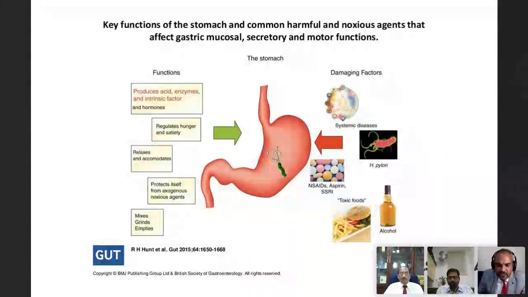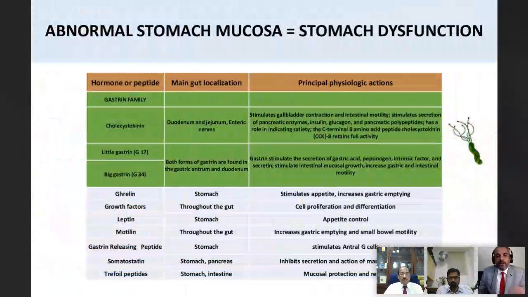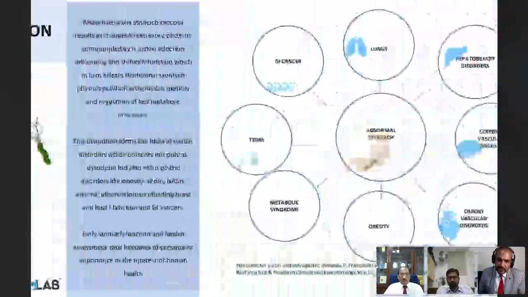Because of systemic disease, overuse of medications, our habits, and our genetic predispositions, there could be a disruption in the normal physiology of the stomach. And once that happens, all these enzymes and hormones are disrupted, leading to abnormal stomach mucosa, which primarily leads to stomach dysfunction, or in fact, going beyond the stomach, gastroduodenal dysfunction that we are talking of.